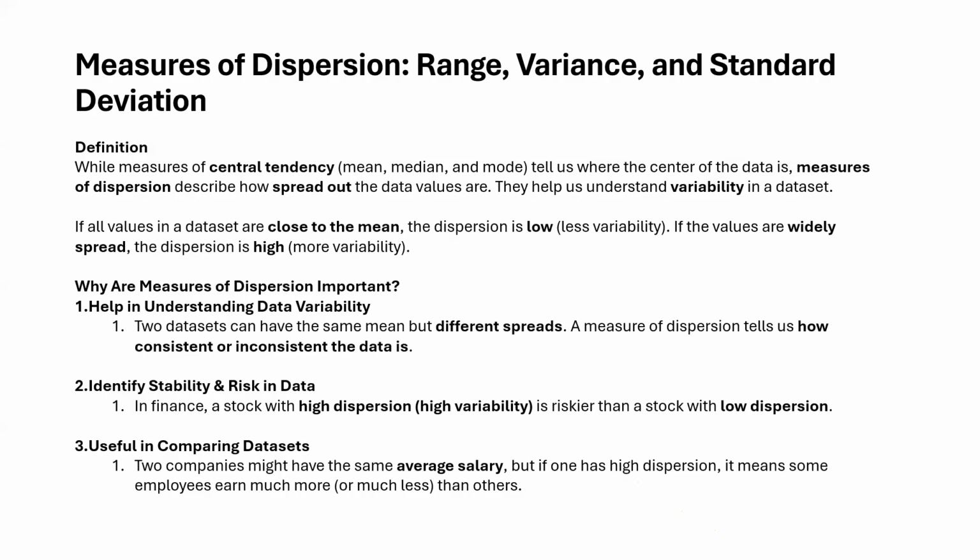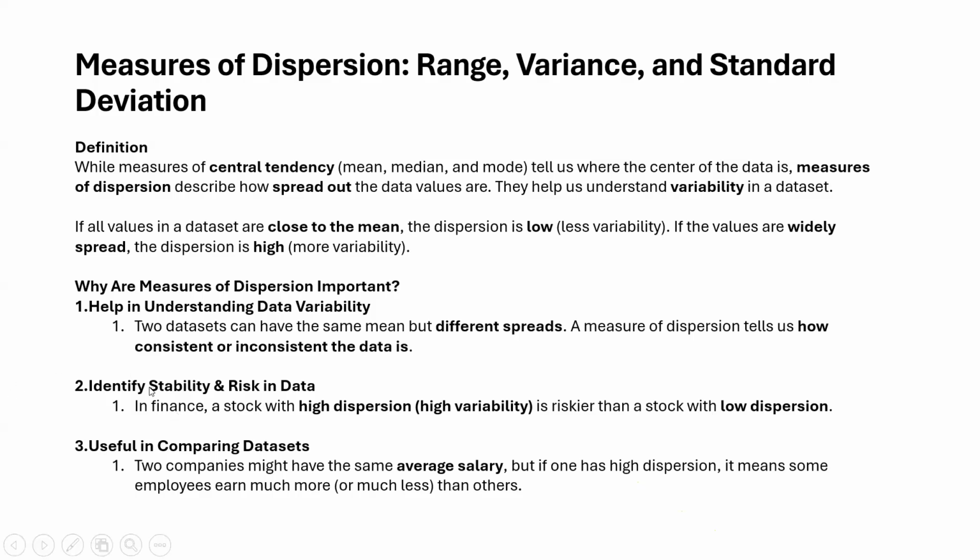If I tell you the average height of two classes was both 5 feet, but the measures of dispersion are very different, then these two data sets are not similar. So we cannot decide something just based on the measure of central tendency. That's why the measure of dispersion is very helpful for us.